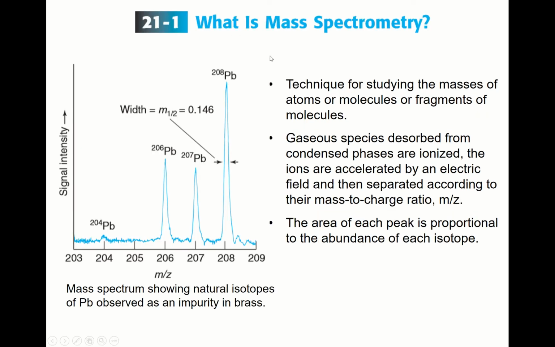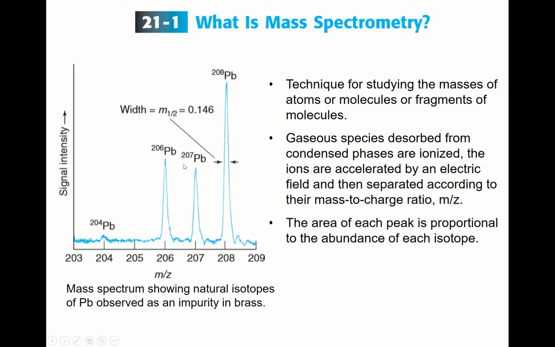And by the way, what is mass spectrometry? To apply mass spectrometry, you have to ionize your species, usually molecules. The molecules should be positively charged or negatively charged. Otherwise, the mass cannot be determined. Look at this mass spectrum.